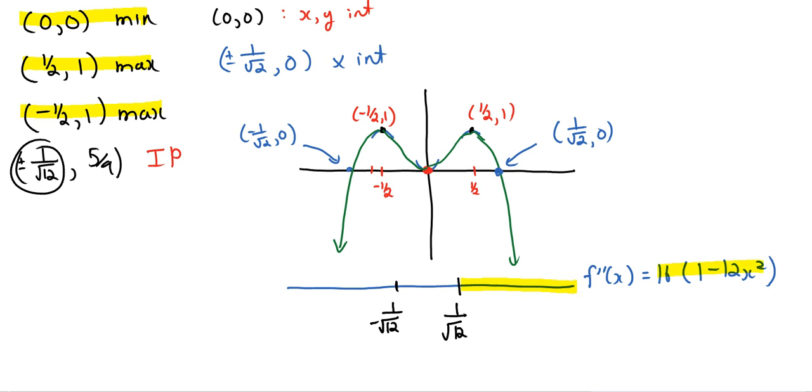If I pick a number to the right-hand side of 1 divided by root 12 and plug that into my second derivative, that's going to be negative. And if I take a number in this blue interval, like the number 0, that's definitely going to give me a positive expression there, and this is definitely going to be negative.